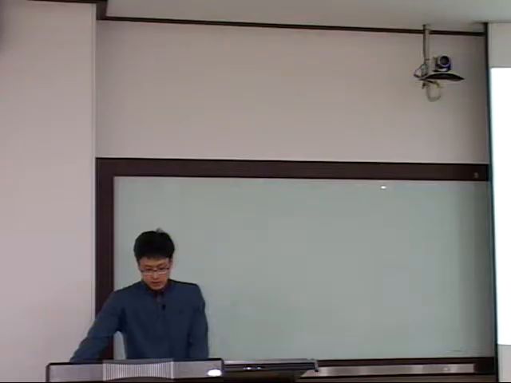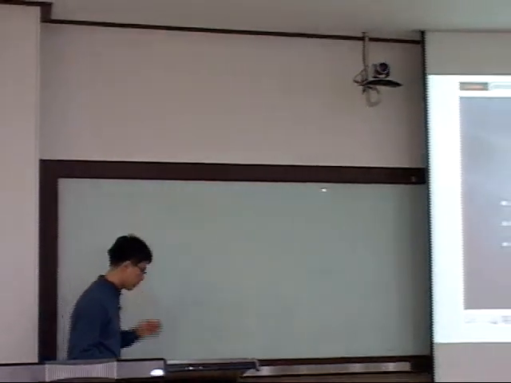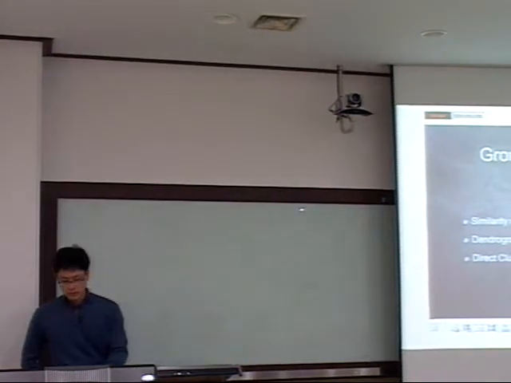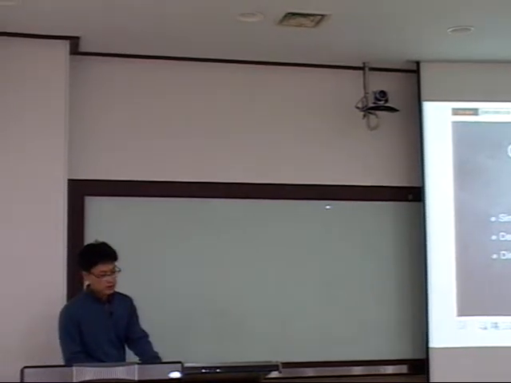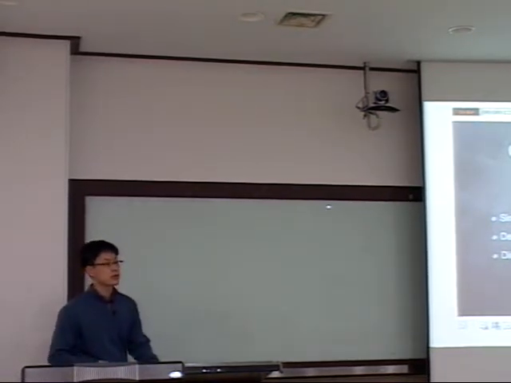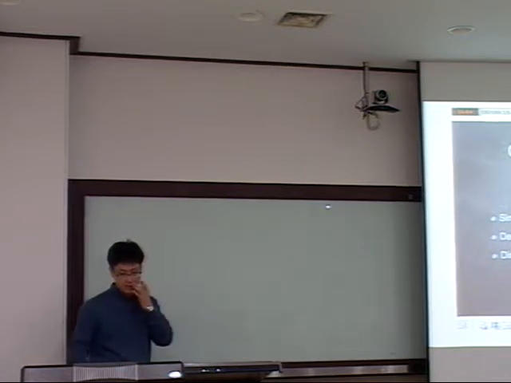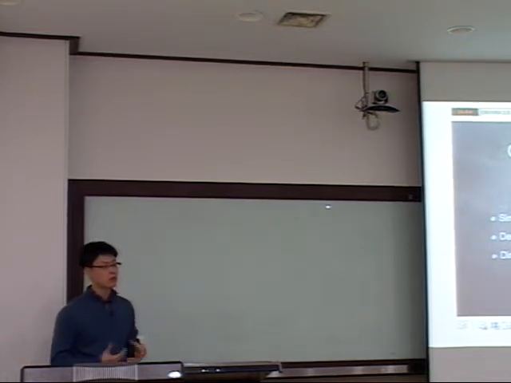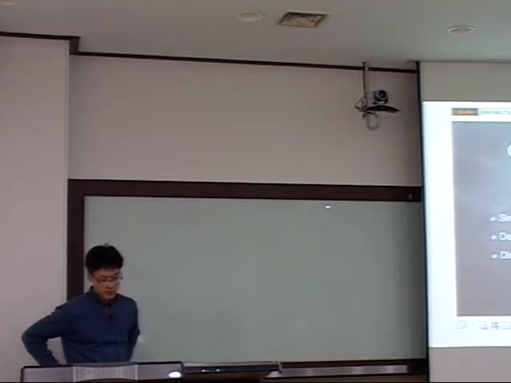Okay, welcome back and let's continue. So, I think we've discussed group technology, what this is and why it is needed. And the next step is how we can use it. There are many other things, but the most famous are these three.